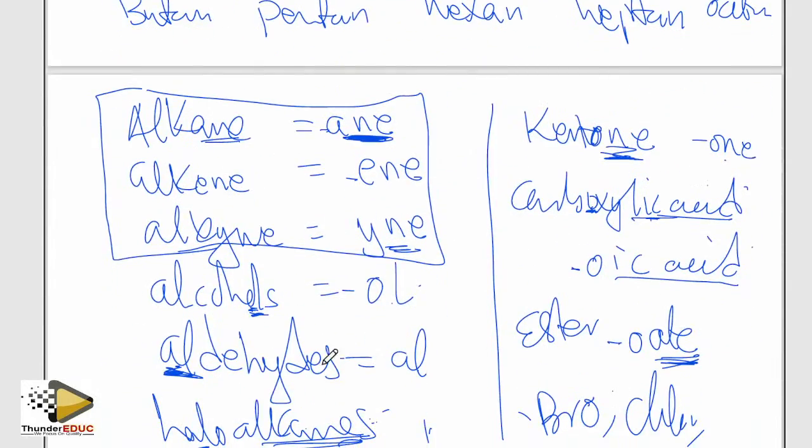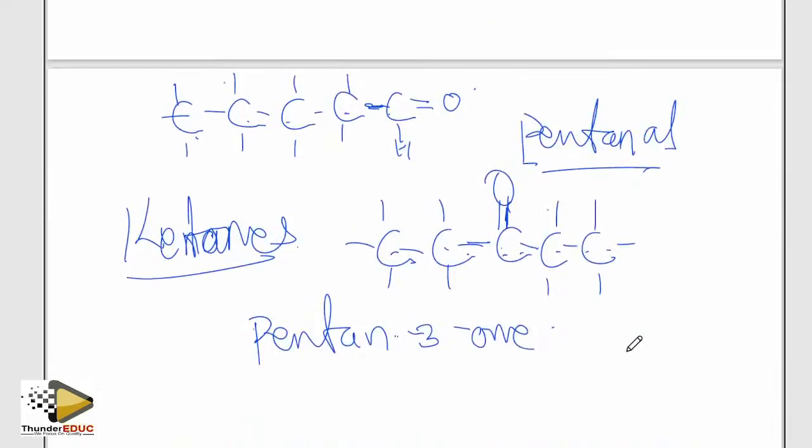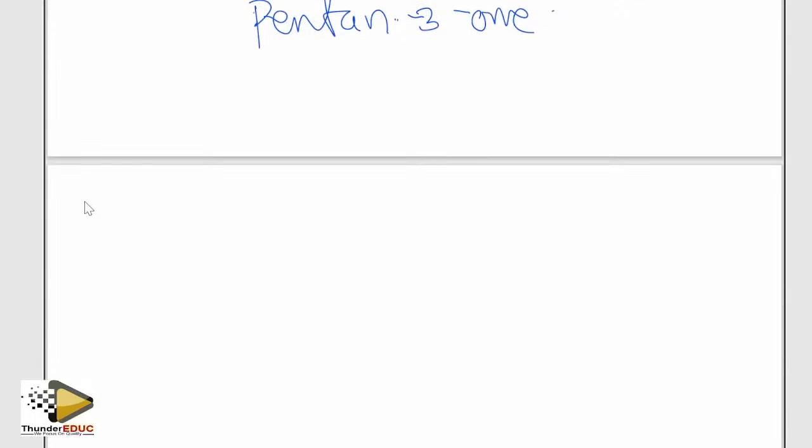Then now we're done with the ketones and aldehydes; next are carboxylic acids and esters. So now, what about carboxylic acids? Carboxylic acids are also simple. How do we name them? We name them by saying 1, 2, 3, 4.